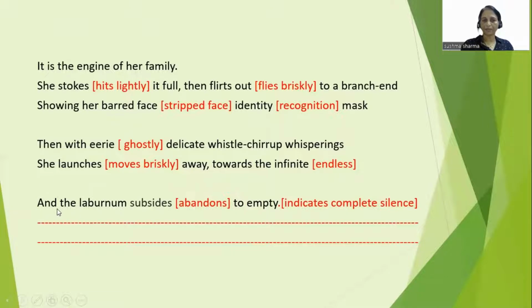The bird has also moved away from the tree, and the laburnum tree has become completely silent and empty, and it now has no bird, because the goldfinch has flown away from the tree. So the tree is again full of silence, and it has no motion. It indicates complete silence.